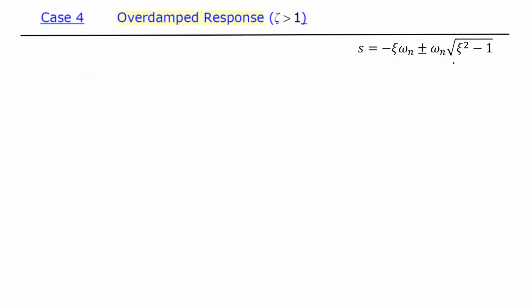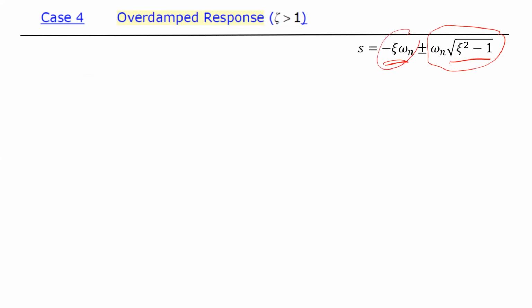No, no, it is in the left, because as Abdurrahman mentioned, it is only if zeta is negative that the poles go right. Now the poles will be real. This is going to be a positive quantity. You can prove that this is greater, because look, zeta omega n, and here I have zeta squared, I'm subtracting 1 from it. So definitely this term is going to be less than this one.